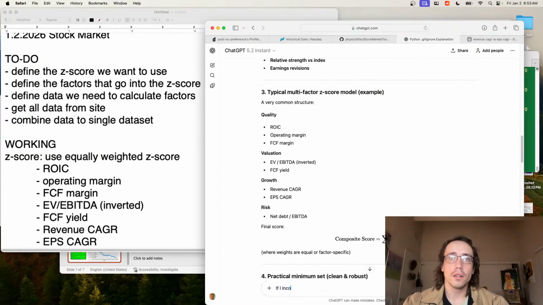If I incorporate FCF yield and margin into a z-score, is this redundant?